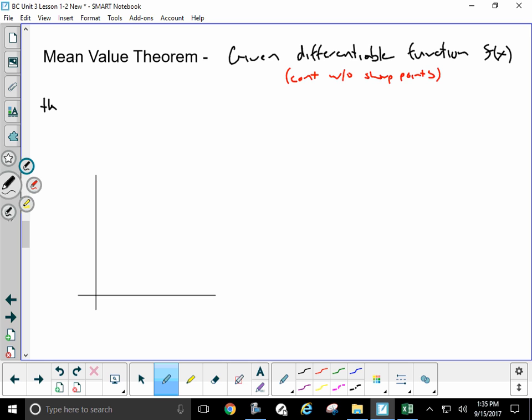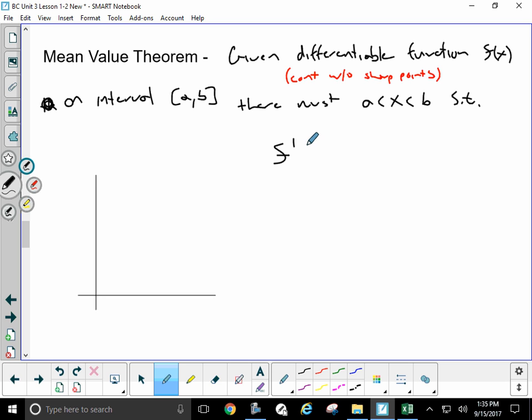So given a differentiable function f of x on an interval from a to b, there must exist at least one x between a and b such that the derivative at that x value is equal to the slope of the secant created by the 2 points.